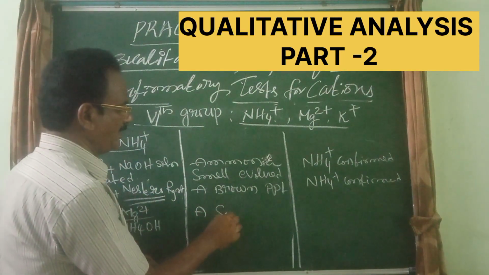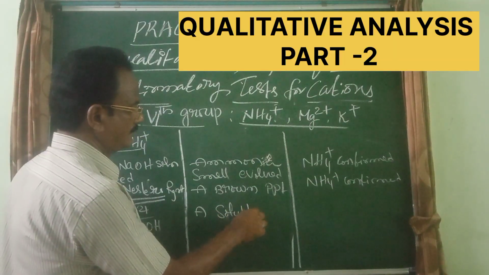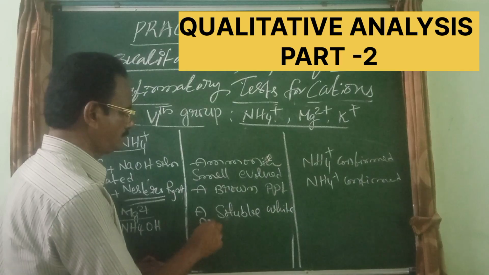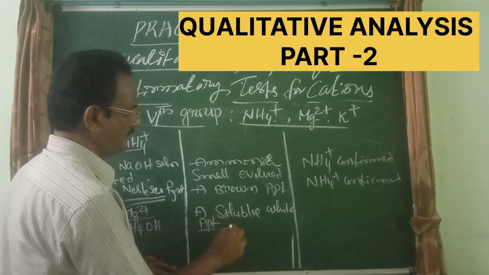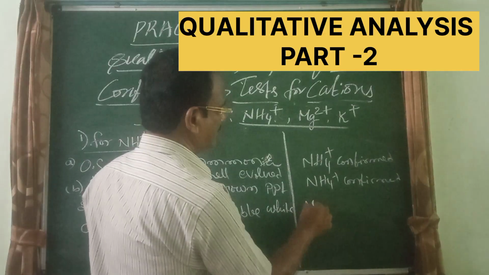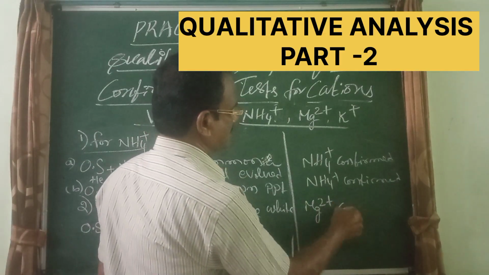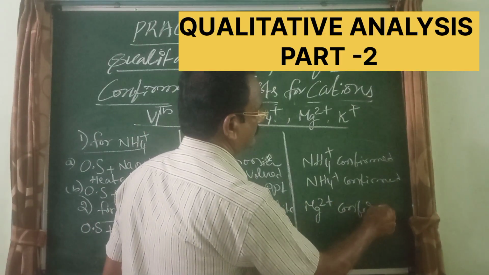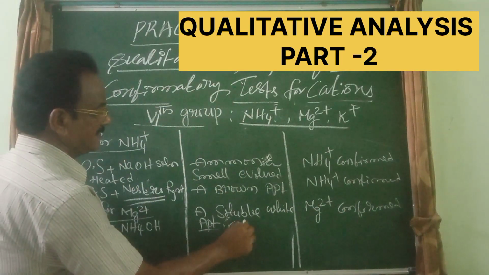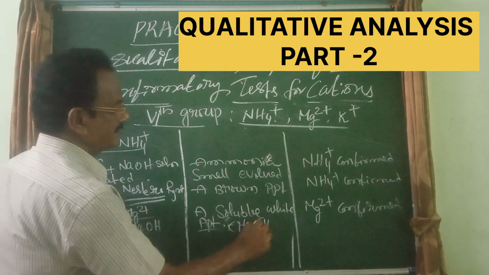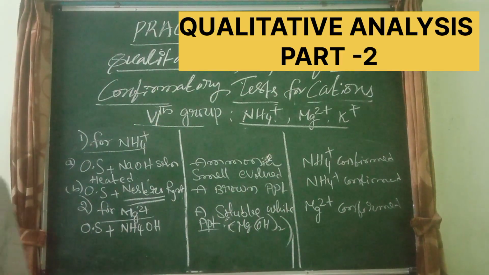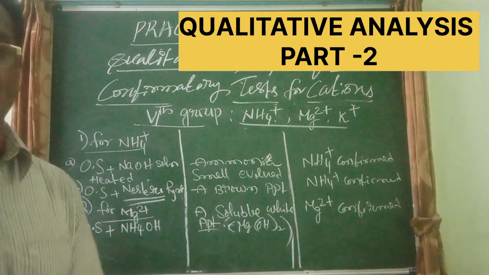If a white precipitate is formed, then one can confirm the presence of Mg2+. The name of that precipitate is Mg(OH)2, magnesium hydroxide. Here ammonia is replaced by magnesium.